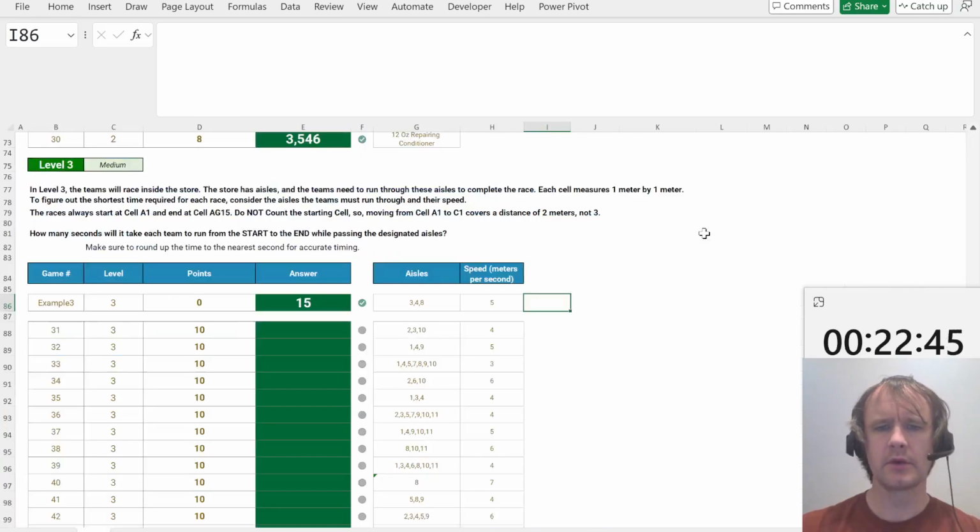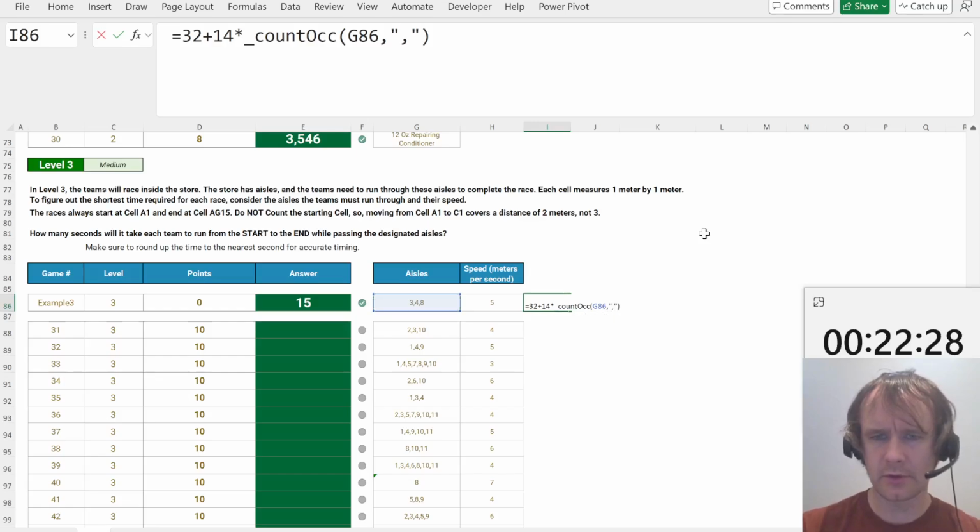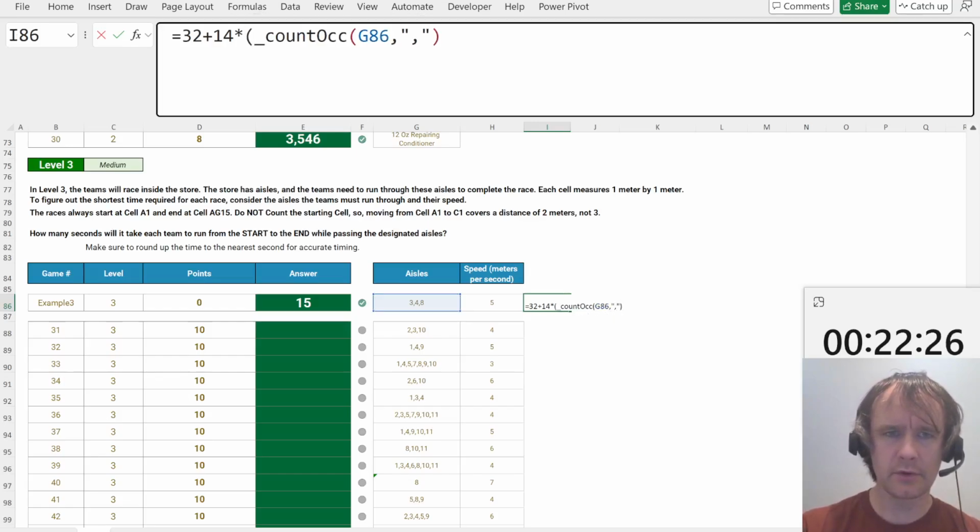Okay. So total distance is going to be 32 plus 14 times, I'm going to import my lambdas again. It's going to be 32 plus 14 times count the number of commas, plus 1.